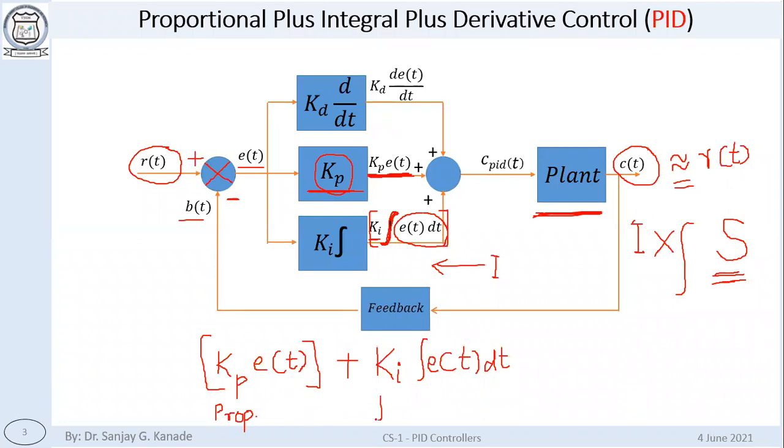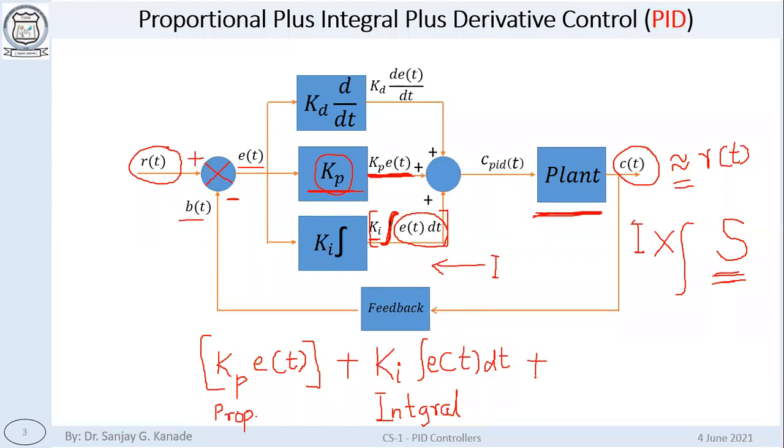So basically in the integral controller or integral mode, the error will be integrated and then it will be multiplied by some factor Ki. In the proportional controller, there will be error multiplied by some factor Kp.